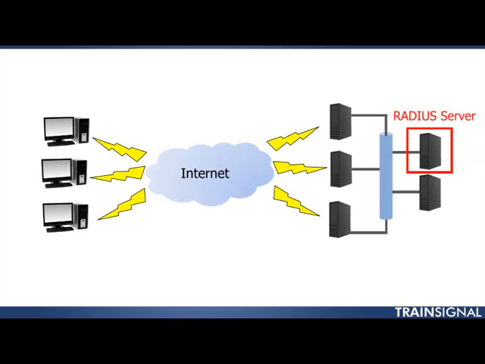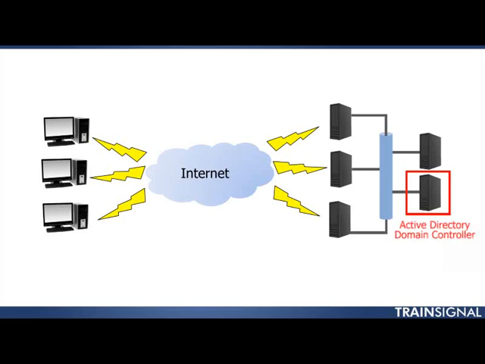But the other thing that the RADIUS server will do is communicate with the last server I have listed on this diagram, all the way to the right on the bottom, which is a directory services server, or in the case of Microsoft, an Active Directory domain controller. And that's how we are going to authenticate that the user information is correct.